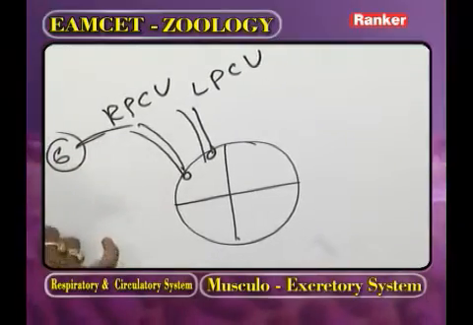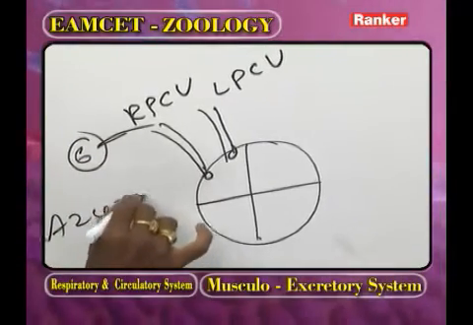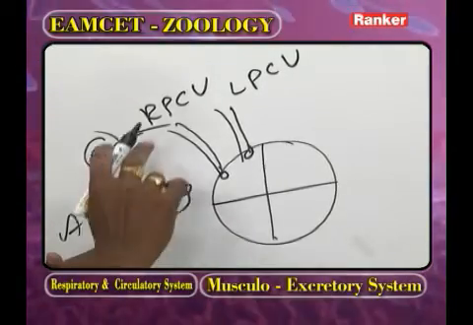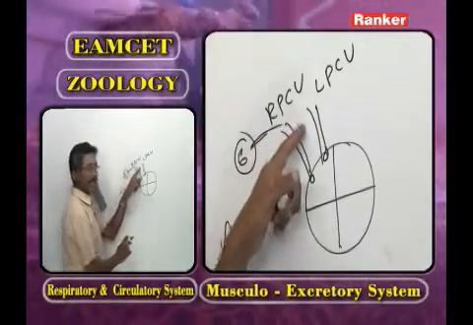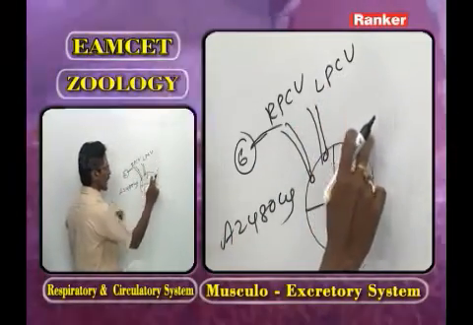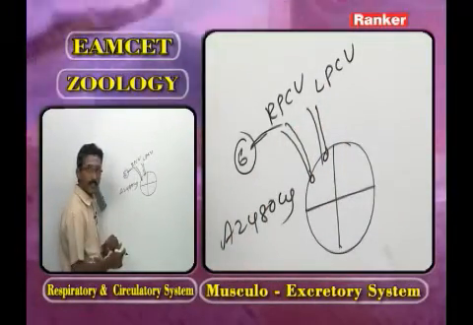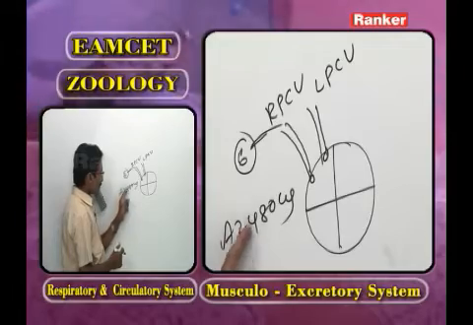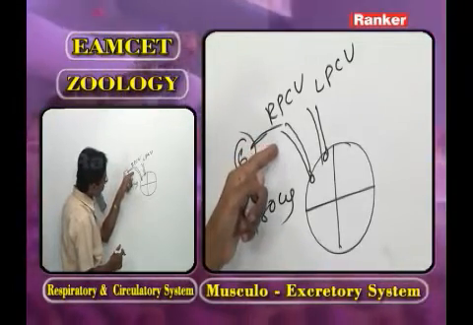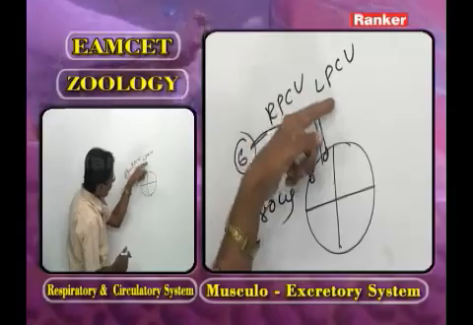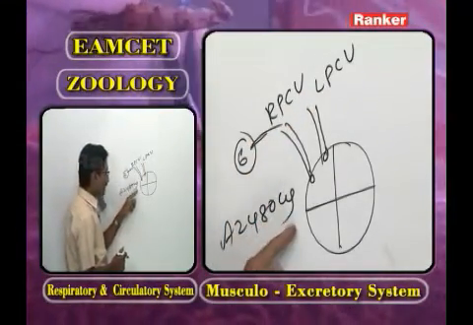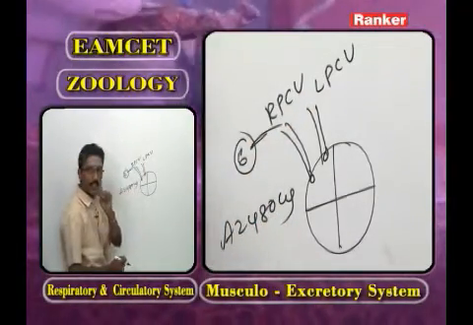One among them is azygos. The azygos opens into the right precaval vein. Towards the left side, azygos is absent. So name the vein that opens into the right precaval vein but not into the left precaval vein: azygos. Azygos is unpaired, only one.